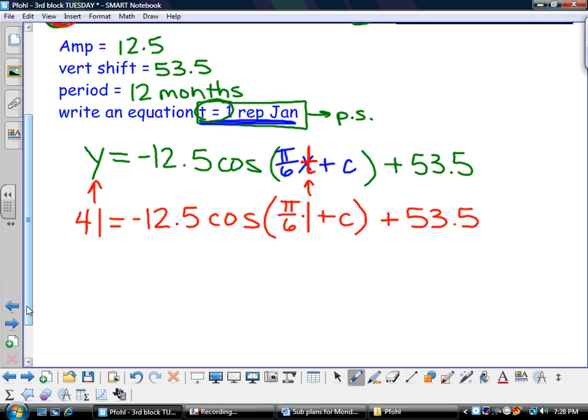We are going to solve this equation for c and we'll be done. Let's start by subtracting 53.5 from both sides.